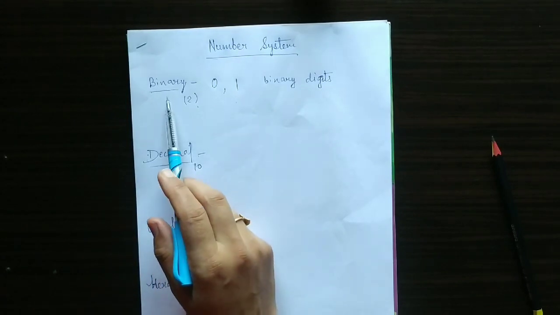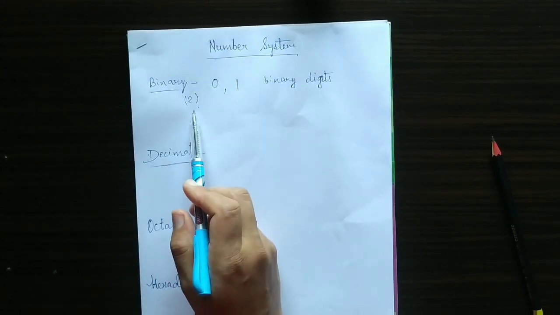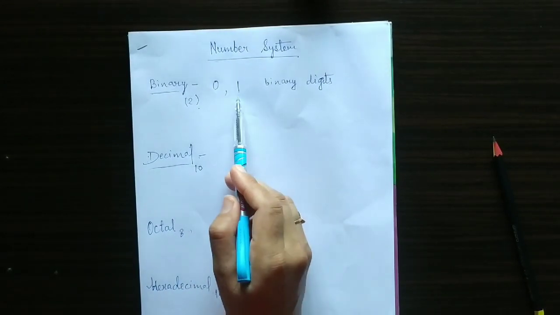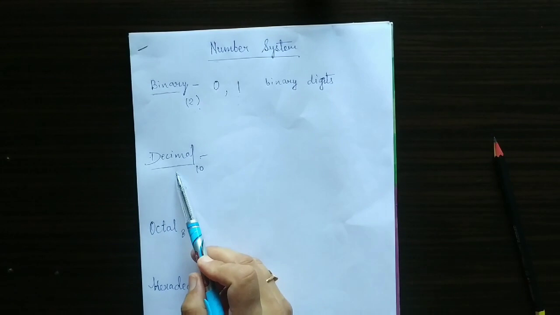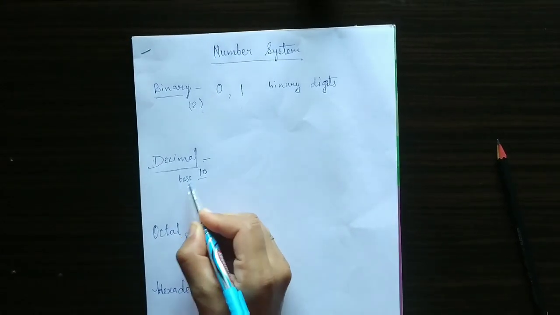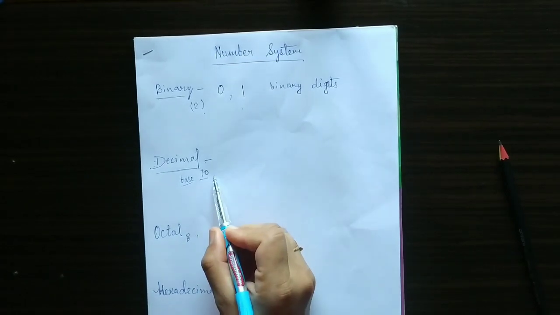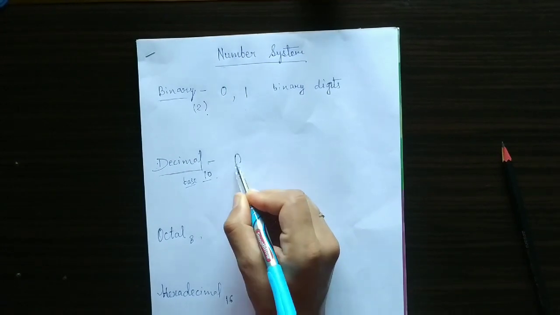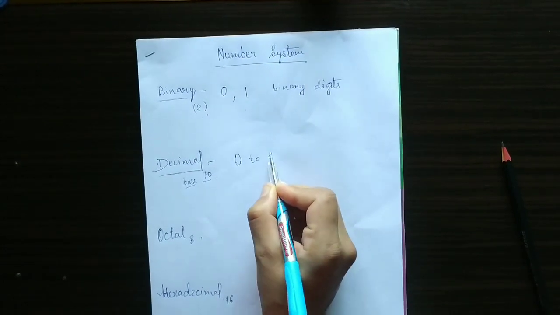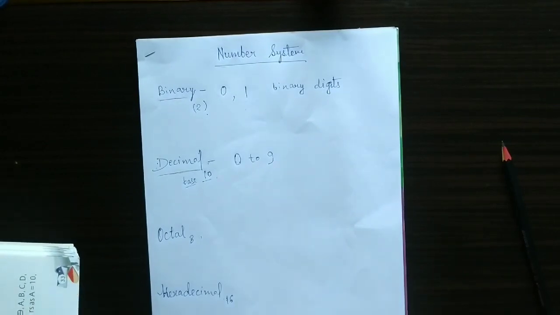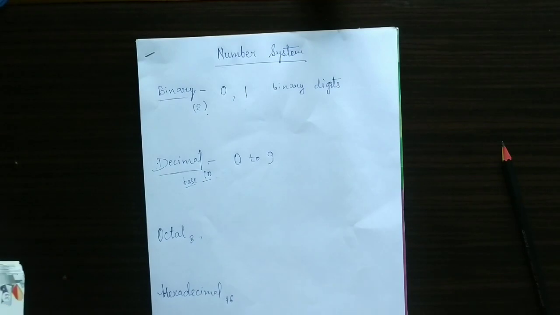For example, binary has base 2, then it contains only 2 digits. Decimal has base 10, it consists of 10 digits. These digits are from 0 to 9, means 0, 1, 2, 3, 4, 5, 6, 7, 8 and 9.